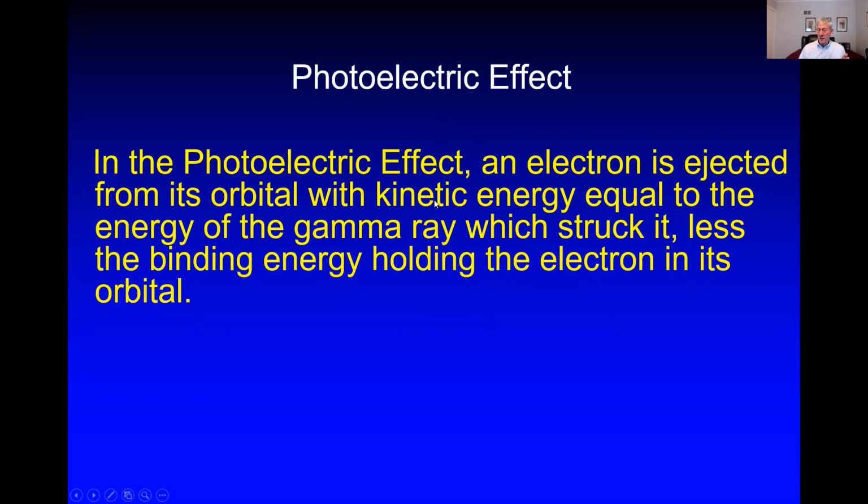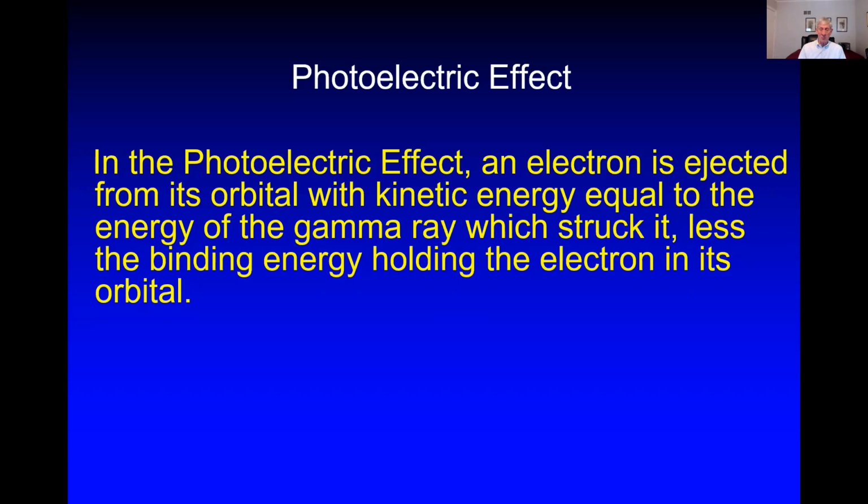And we will say that the kinetic energy of the electron equals the energy of the gamma ray that struck it, minus the binding energy holding that electron in its orbital. You know that electrons are in orbitals around a nucleus, and everything is very stable because the forces for that electron leaving and for that electron staying are equal.